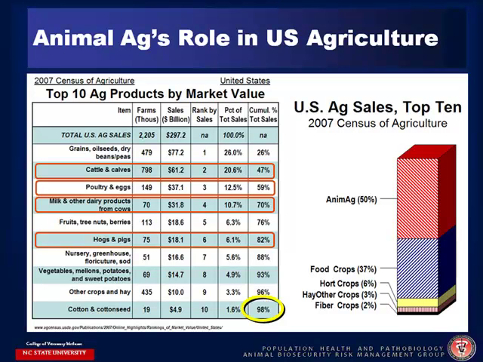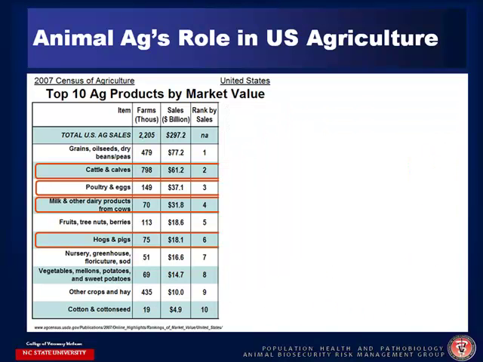Animal agriculture occupies 4 of the top 6 of those segments. And when you start accounting for what that comes out to be, it means that just on this basis alone, animal agriculture comprises about 50% of all of the U.S. ag economic activity. But our impact is actually much greater than that because we are primary clients for food crops.